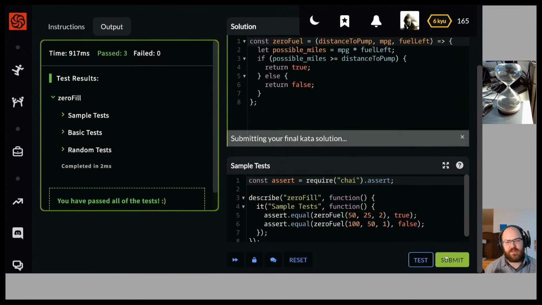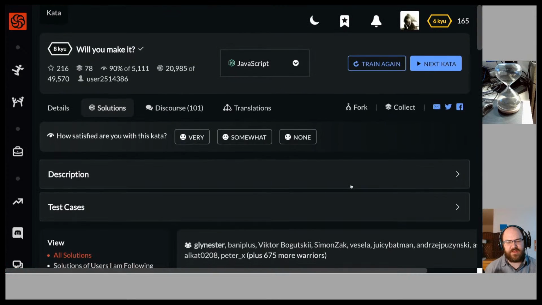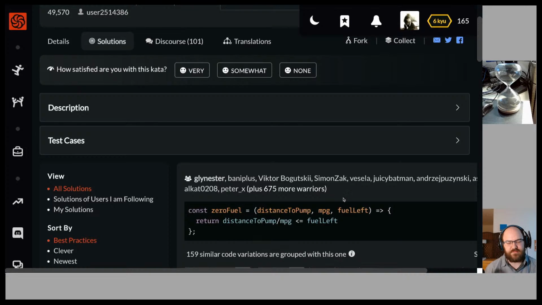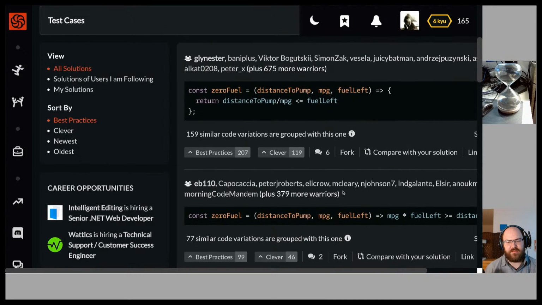Okay, and let's see a much shorter solution here. Interesting, we got a division here and a multiplication here.